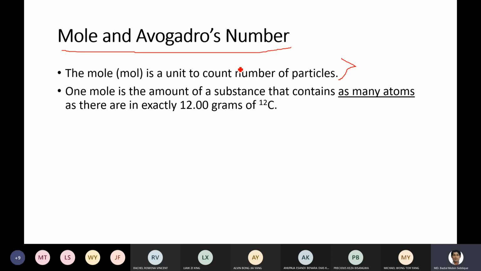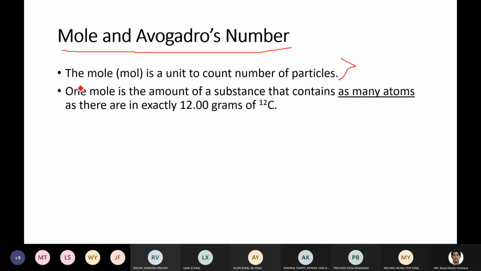How many particles are there? We can find out if we know the number of moles of that compound or element in that system. And 1 mole of an atom or any compound or element, 1 mole of anything, will have as many atoms as there are in exactly 12 grams of carbon 12.